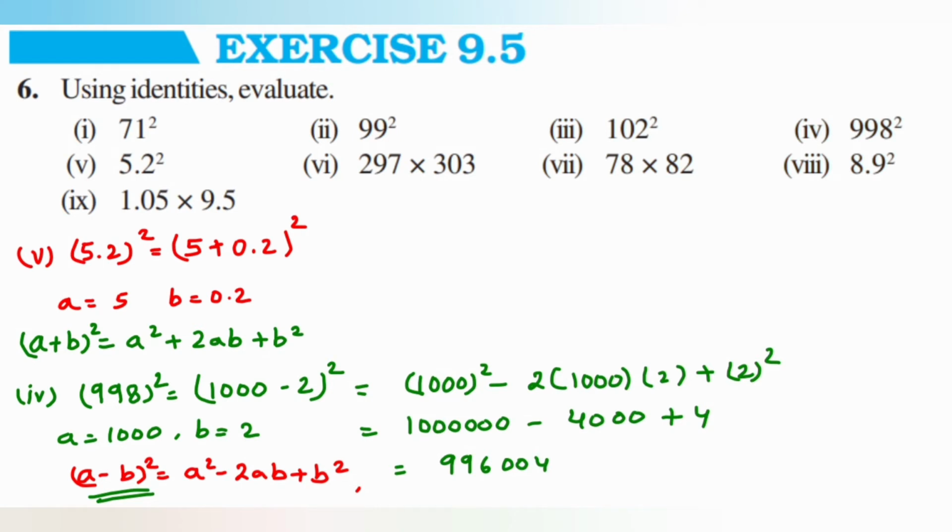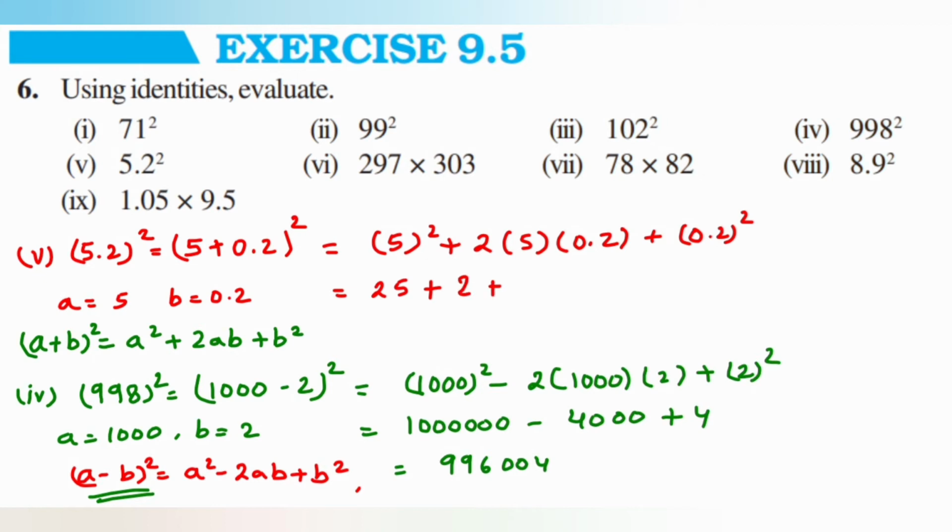Now this is equal to 5 square plus 2 into 5 into 0.2 plus 0.2 whole square. Now this is equal to 25, plus when you multiply them, 5 into 2 into 0.2 will get the answer equal to 2, plus 0.2 whole square is 0.04, and when we add all these values we will get 27.04. So this is the answer for the fifth problem.